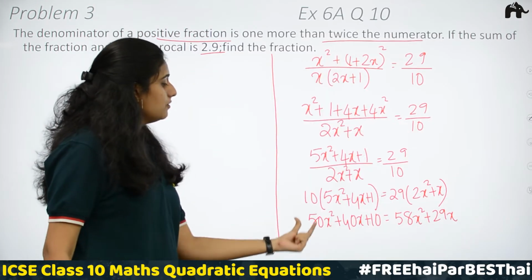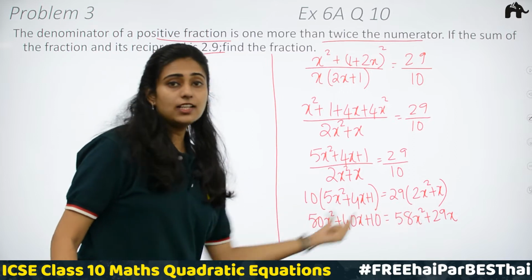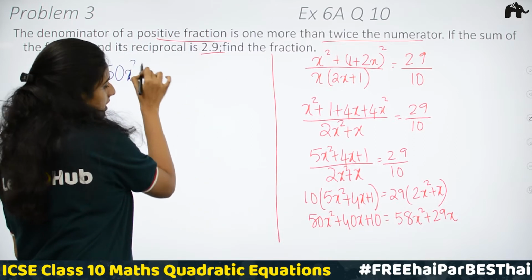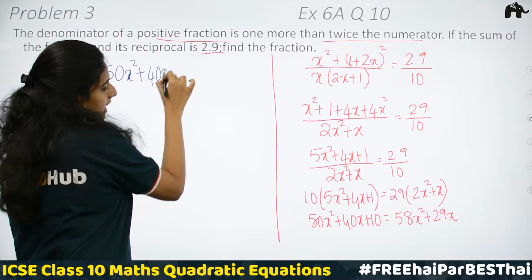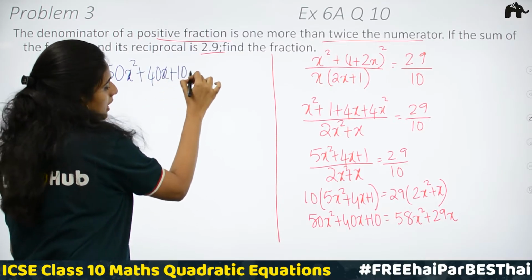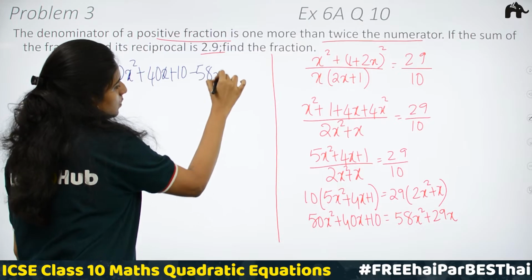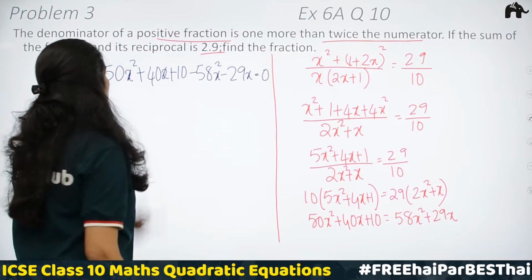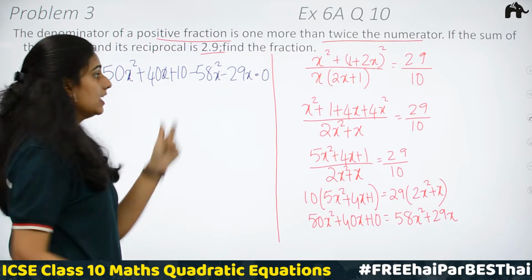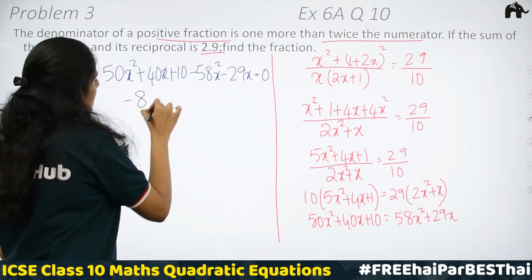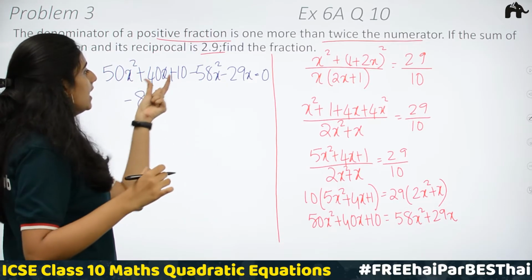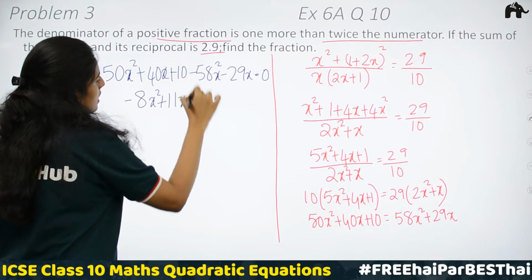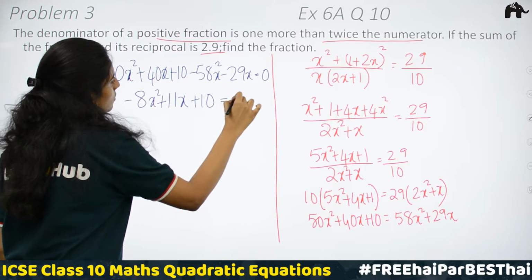Okay, taking all the terms to the left side, 50x square plus 40x plus 10 minus 58x square minus 29x is equal to 0. 50x square minus 58x square is minus 8x square. 40x minus 29x is plus 11x plus 10 is equal to 0.